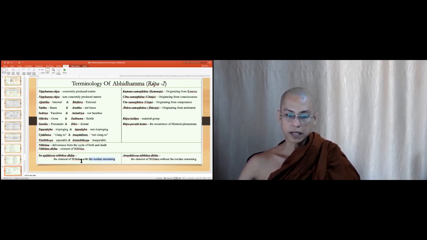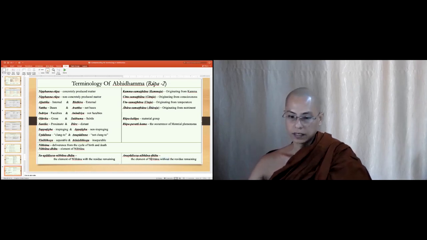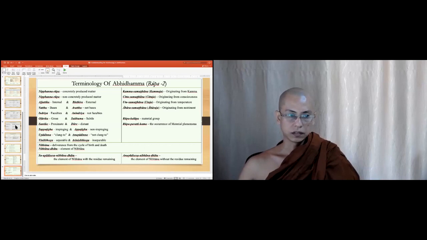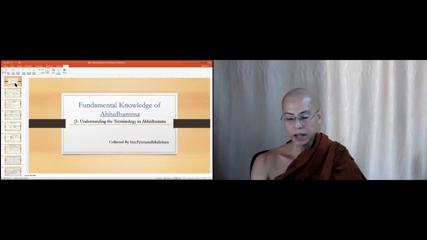So by the word Sa, with the residue remaining, the element of Nibbana with the residue remaining. So Anupadisesa Nibbana will be without. There is no more remaining in that Nibbana. This is ultimate Nibbana.